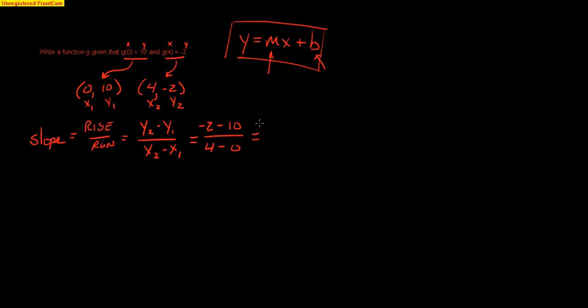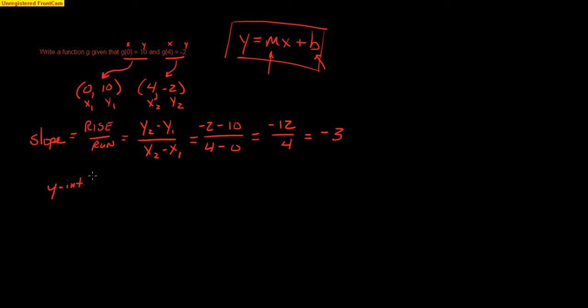And I just do the math. -2 minus 10 is -12, and 4 minus 0 is 4. Now this is going to turn out really nice when I divide it, so I'm going to turn it into -3. So there's my slope. My y-intercept.